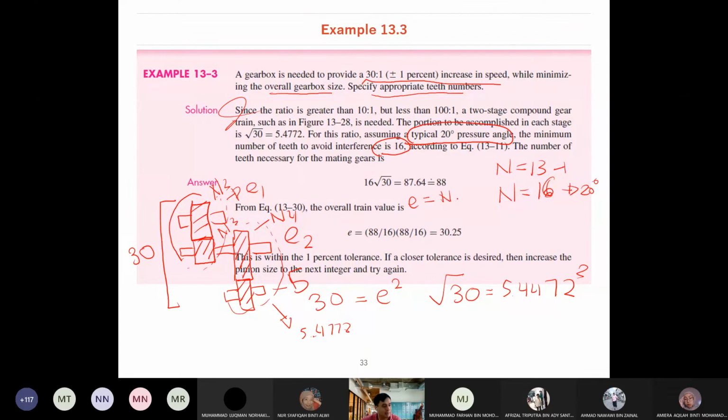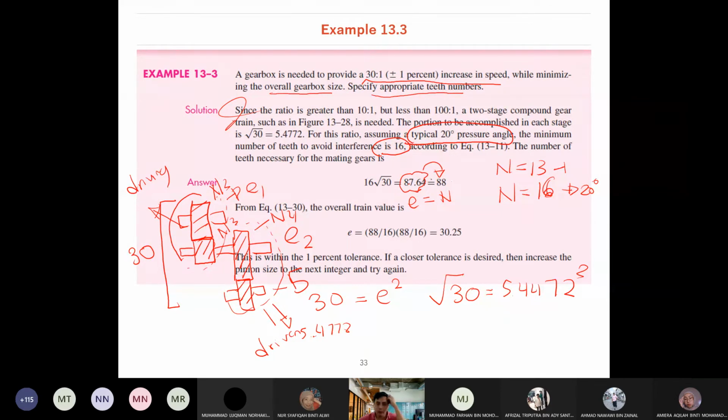E sama dengan N driving bagi dengan driven betul tak? So kalau katalah awak assume this is the driven ataupun driving, kan, confirm lah sini adalah driven kan. Okay, alright, so that's happening lah. That's why awak last kali awak masukkan 16 darab dengan 5.4772 tadi, you can get 87.64. So obviously mana ada gigi 87.64. So awak kena bundarkan menjadi 88. Okay, boleh faham tak kat situ?